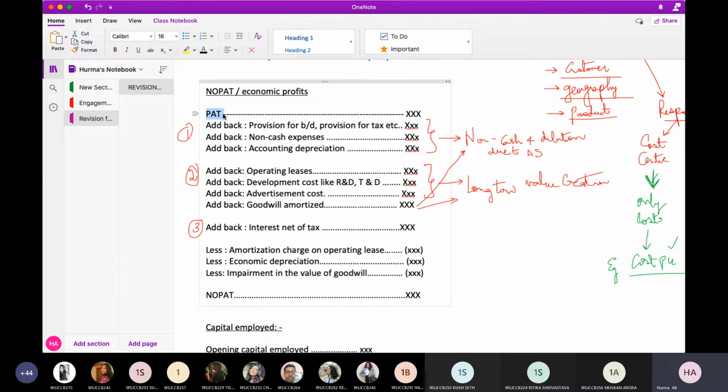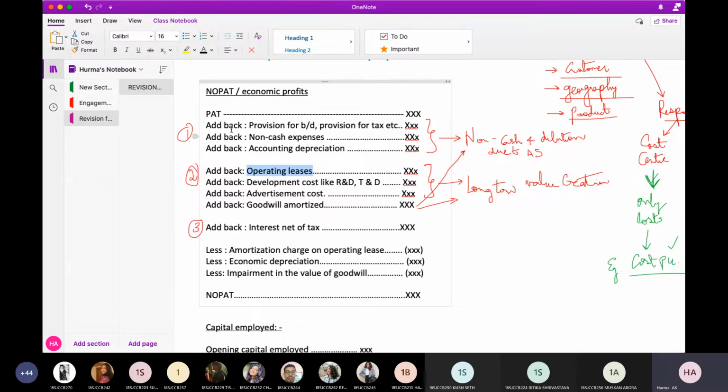In PAT, we have already deducted operating lease because the companies consider the rentals paid for operating lease as an expenditure, isn't it? So we have already deducted that. But as per EVA, what they say is you should not deduct it, you should capitalize it. So once you're capitalizing a particular item, wouldn't you also provide depreciation or amortization for that capitalized item?